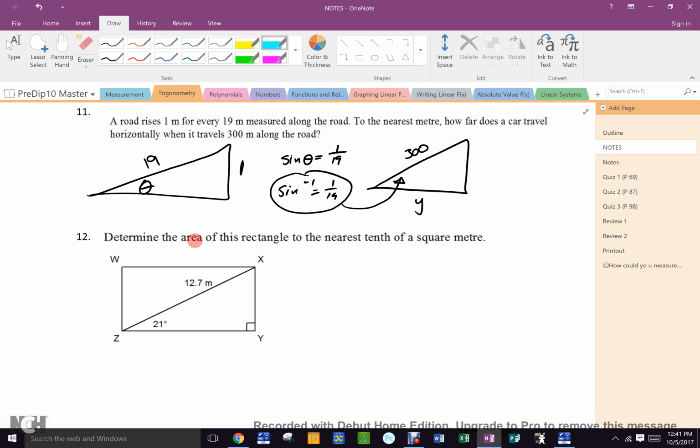All right. So I want you guys to determine the area of this rectangle, just like it says, but you are not allowed to touch your calculator at all until you are ready to give me the answer in one shot. Does everybody understand what I just said? So it's going to require a lot of writing, yes?